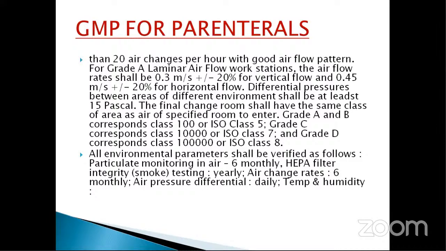That means air comes through a HEPA filter and blows into laminar airflow workstations, and work is done under this airflow system. The airflow rate shall be 0.3 meter per second plus minus 20% for vertical flow, and if it is horizontal flow, then it will be 0.45 meter per second.